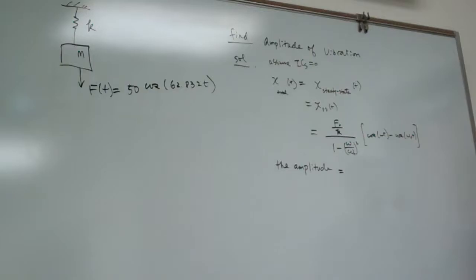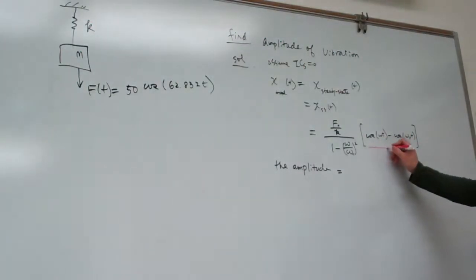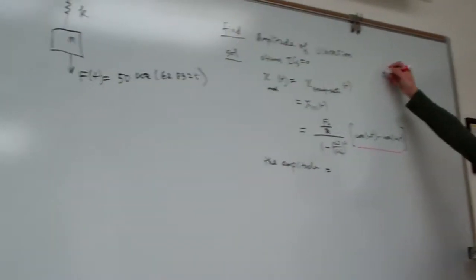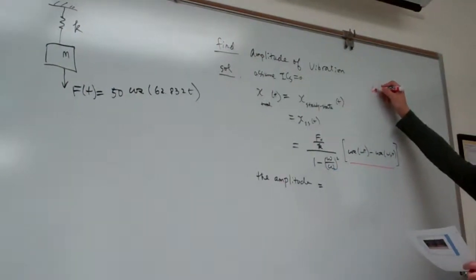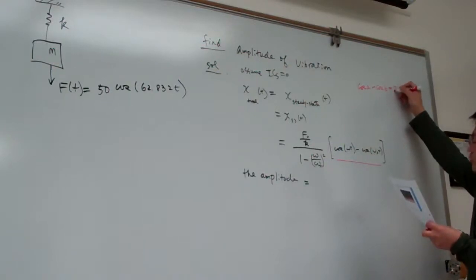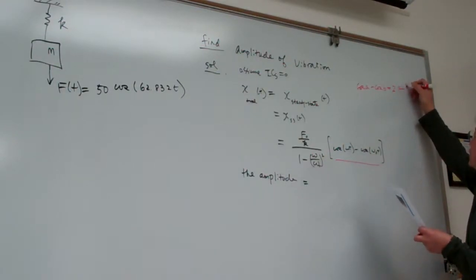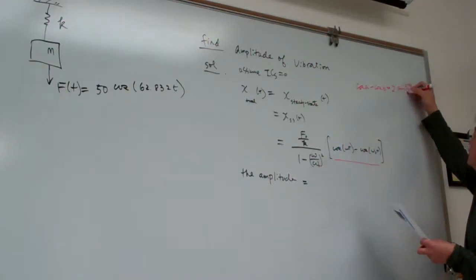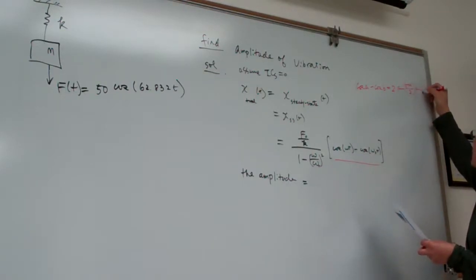Right now, I want to simplify this term. Let me utilize the equation cosine A minus cosine B equals 2 times sine (B plus A)/2 times sine (B minus A)/2.